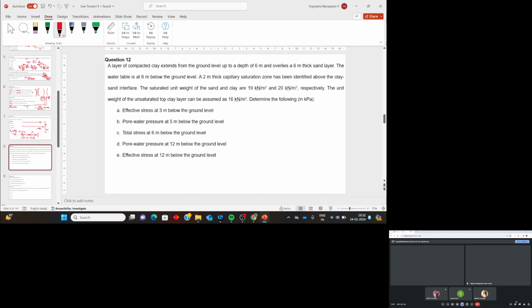extends from the ground level up to a depth of 6 meters, and that clay layer overlies a 6 meter thick sand layer.